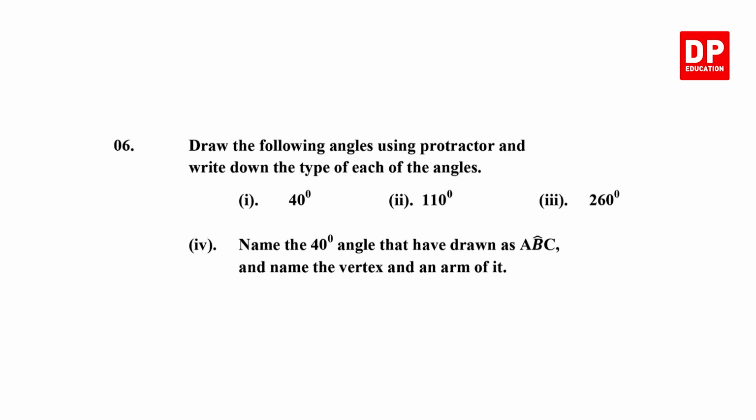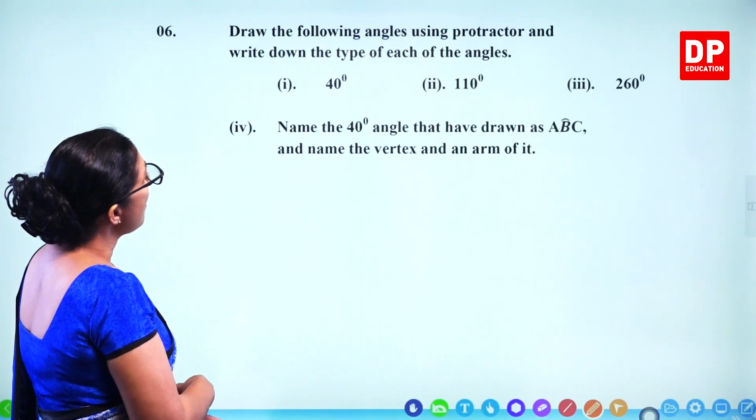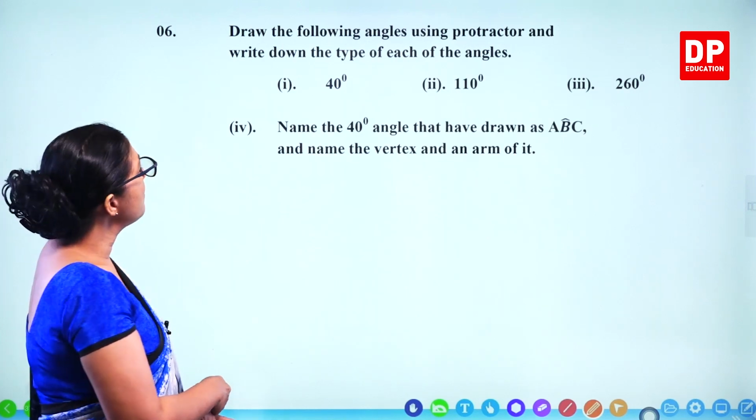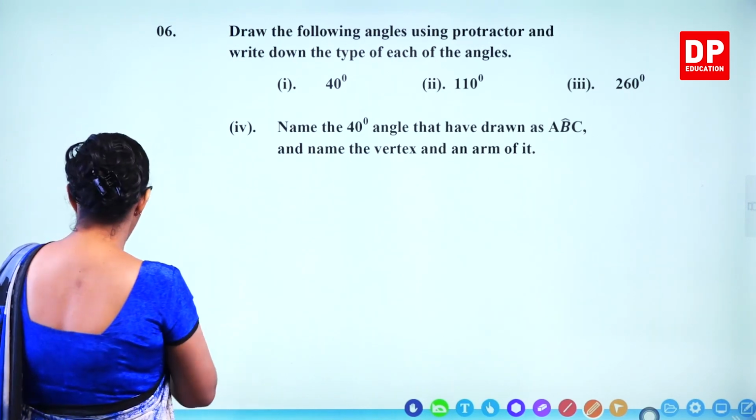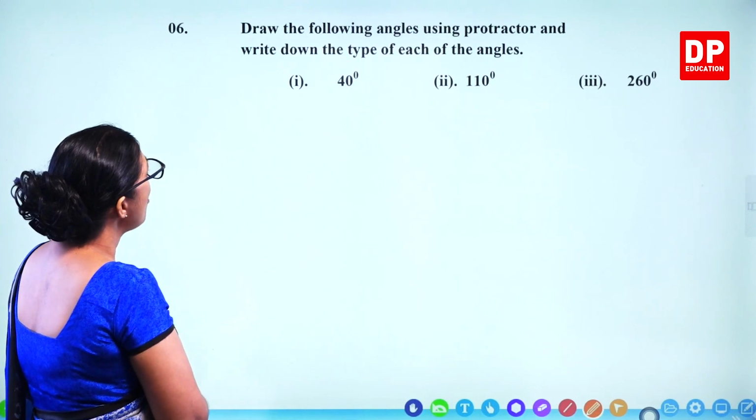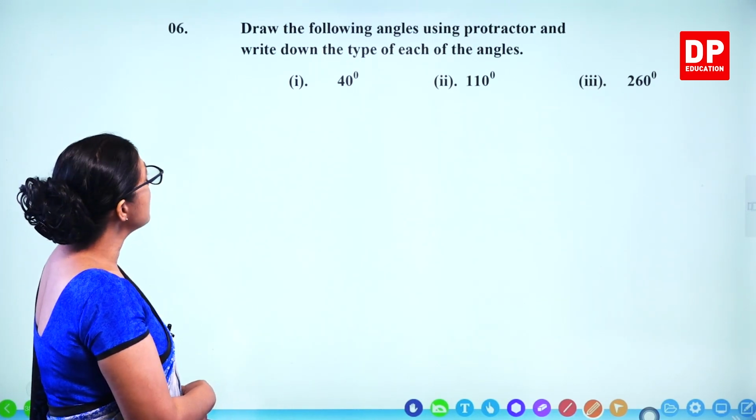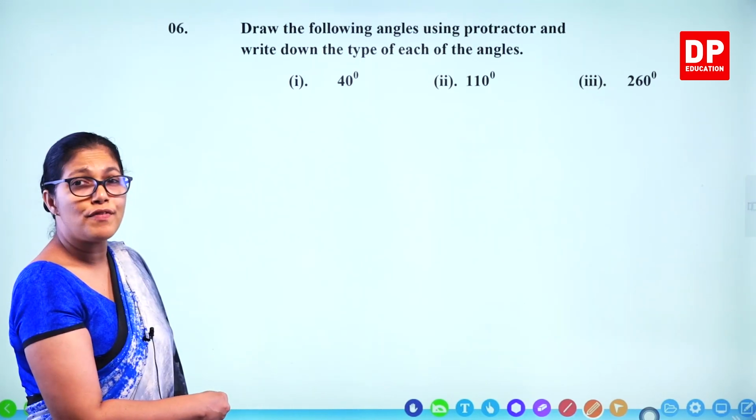Question number 6. You have to draw the angles now, using protractor. Draw the following angles using protractor and write down the type of each of the angles.